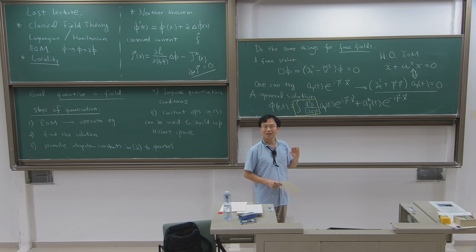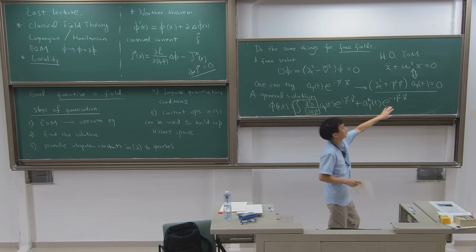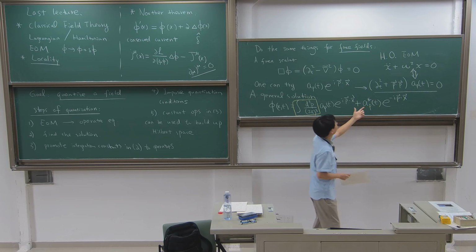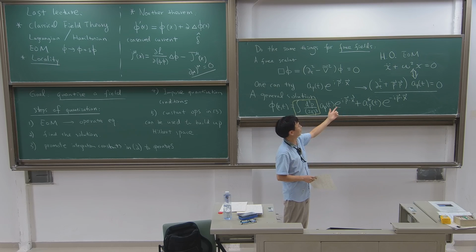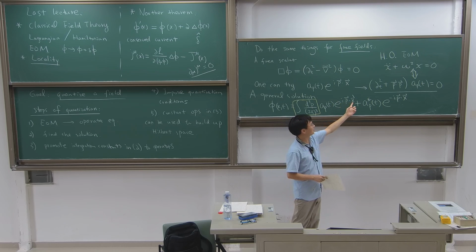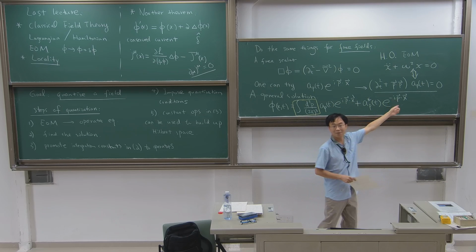Then I can further isolate this time dependence from A_p(t), and package that time dependence into the exponential of i p x and the exponential of minus i p x.